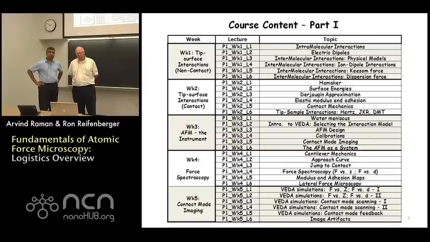Just as an overview, the course content in part 1 is indicated in this slide. You can see that the course is divided into 5 weeks, and basically in each week there will be 6 topics covered, and the material covered in each topic is indicated in this table right here.